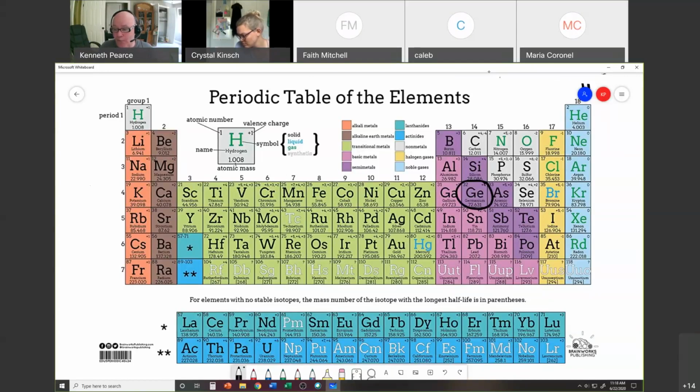And then they went forth and looked for it, and they found germanium. Guess where germanium was found? In Germany. That's why it's called germanium. It was found in Germania, which is actually an old name for Germany, by the way.